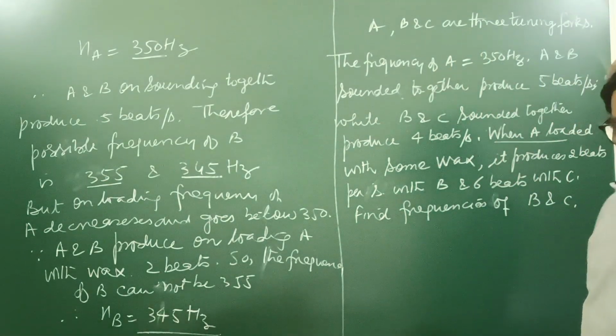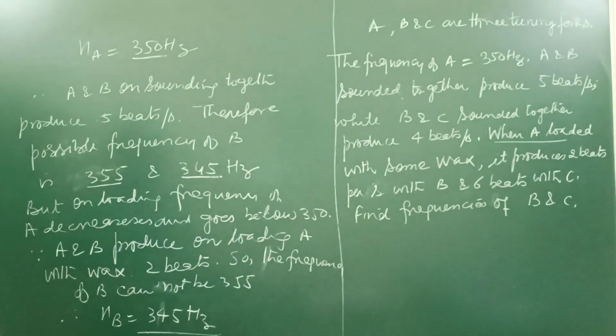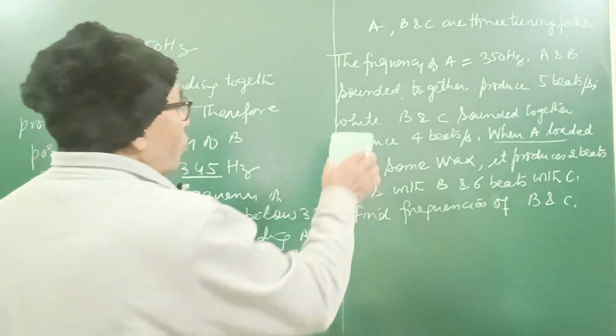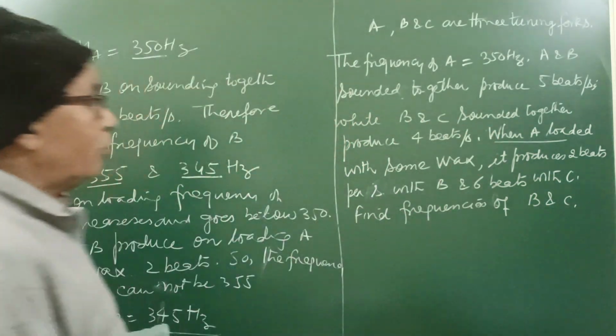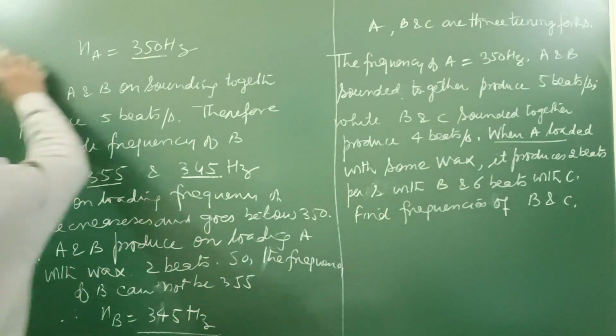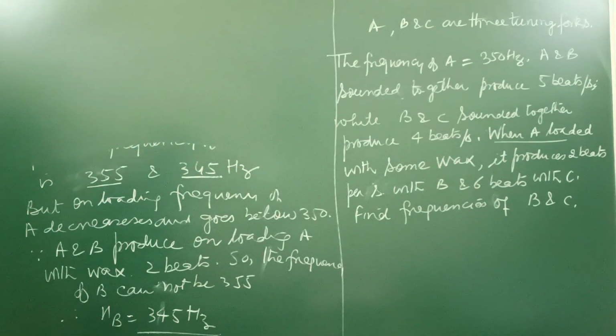Now you have to find the frequency of C. B and C when sounded together produce 4 beats per second, and the frequency of B is 345.